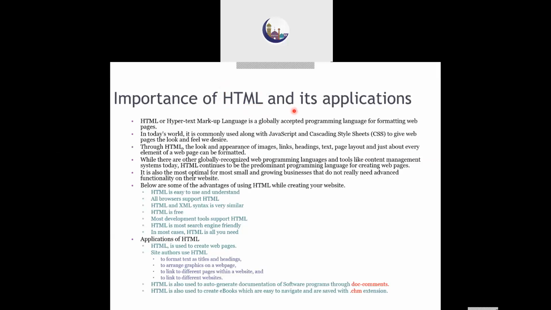One of the other applications before HTML5 was to create ebooks, just like PDF and documents. You used to have something called compiled HTML book with the extension .chm. This .chm used to be a compiled HTML format, and it used to be very short in size compared to a textbook. For example, if you create a document using MS Word, it will take, let us imagine, 20 MB of size.